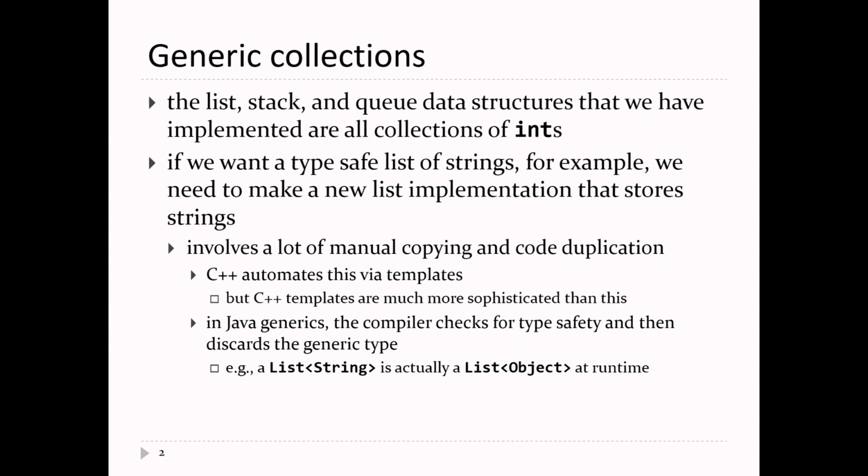Then in C, at least in our current situation, we can't do that easily. What we'd have to do is make a new data structure: a stack or a list of string, for example, or a stack or a list of double. And every time we have a different data type that we want to put into one of our collections, we need to make another class.